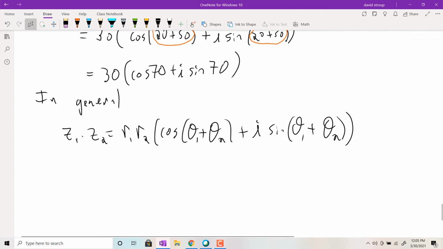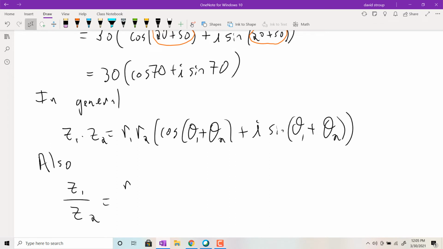Quotients work in a similar way. I'm not going to go through the reasoning, the why, and the how. But Z1 divided by Z2 is just going to be R1 divided by R2. And then you could probably guess how the arguments are going to work. Instead of adding, you're going to do what? Subtract.